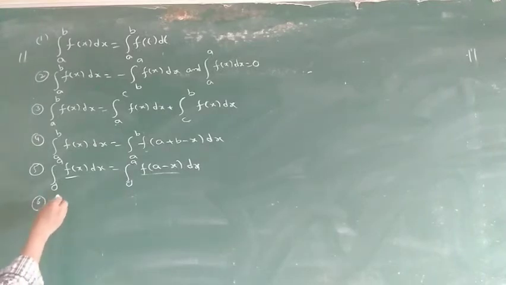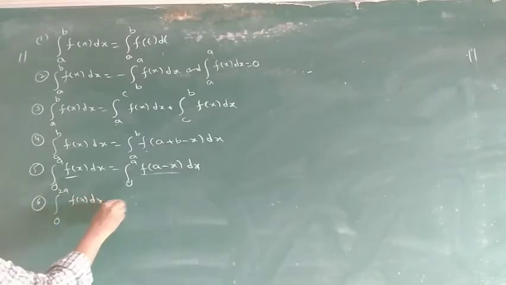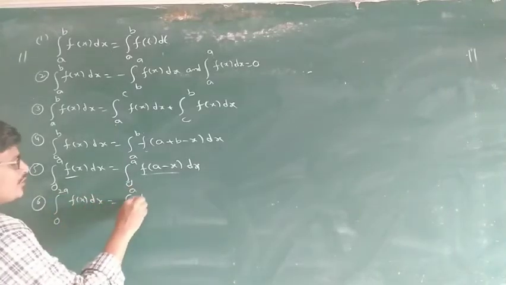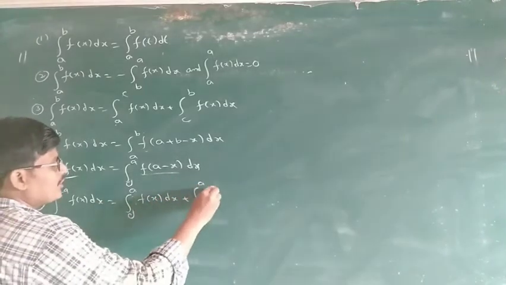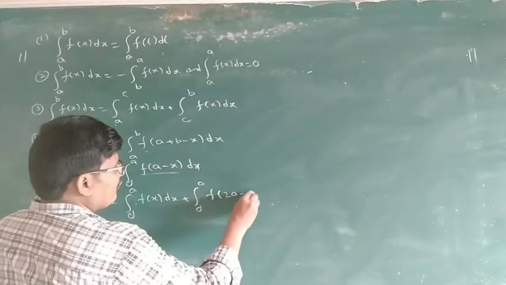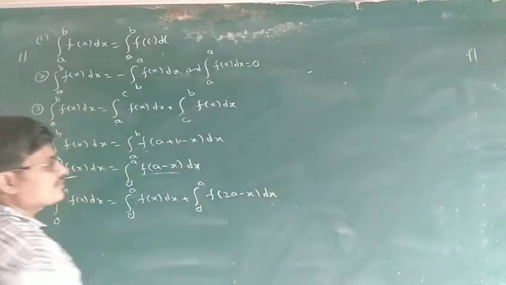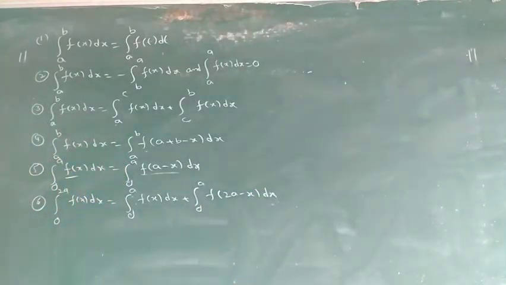Integral 0 to 2a f of x dx is equal to integral 0 to a f of x dx plus integral 0 to a f of 2a minus x dx. This seventh one is very, very important.